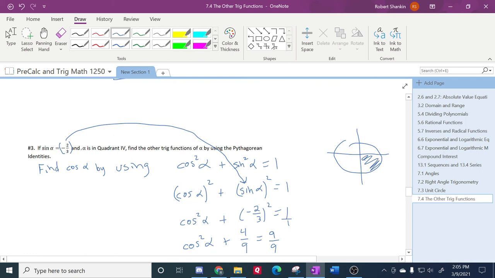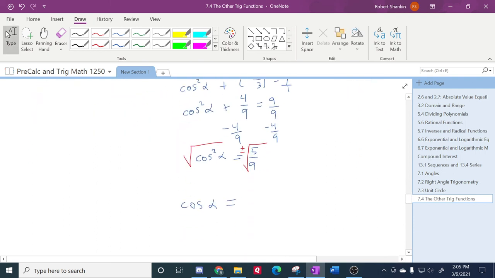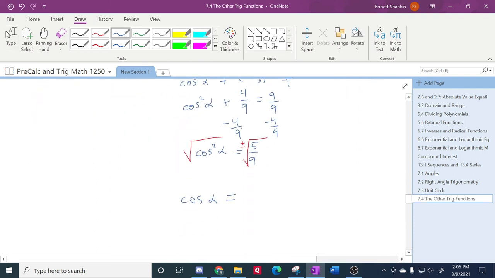And that means you go down, so that's why the sine is negative, but you go to the right first, and so that's positive. The cosine is going to be positive. All right, so we're going to choose plus, because alpha is in quadrant 4.